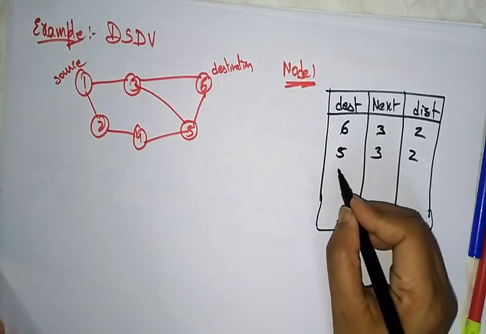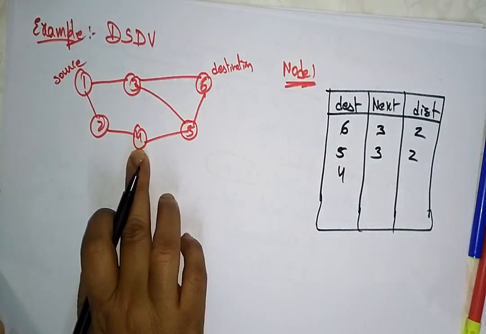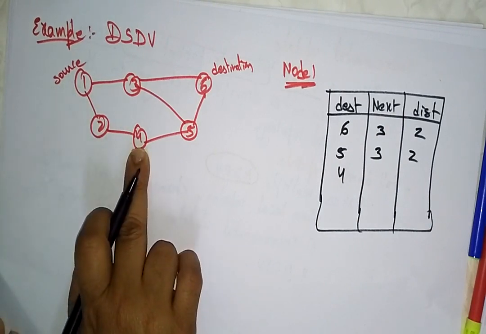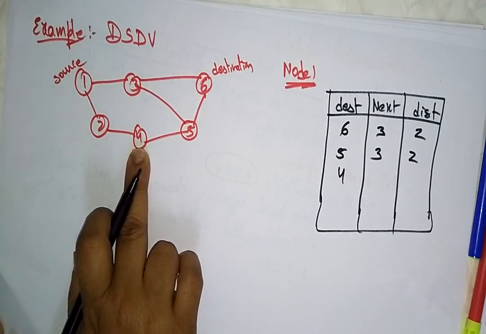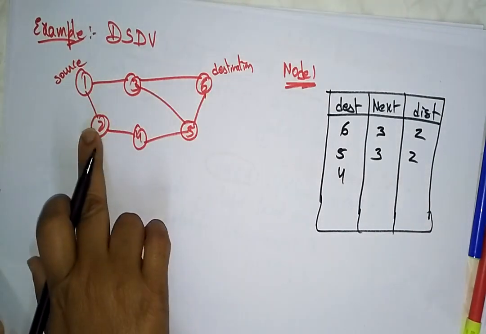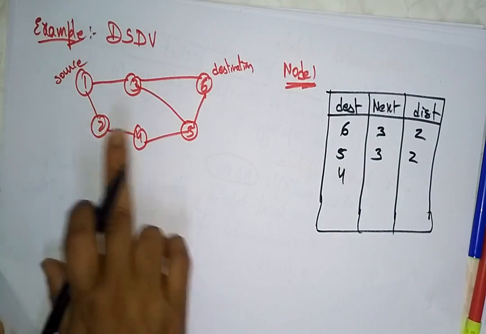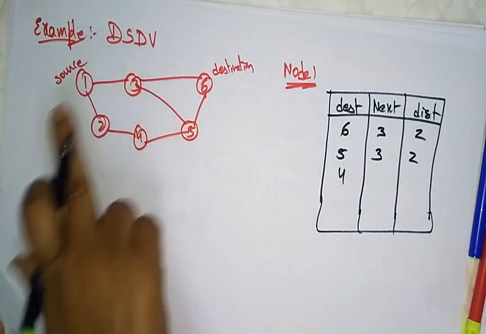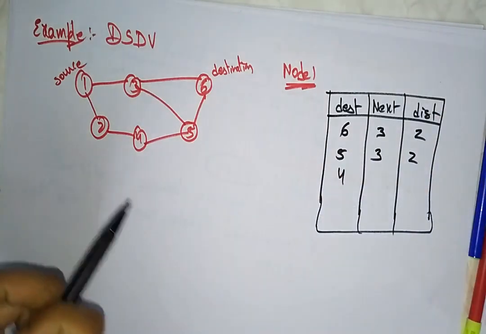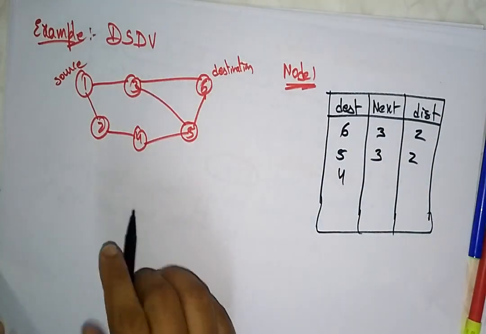If the destination is 4, the source has to reach the intermediate nodes one after another. In this routing table, it checks which path is the best path, and in that way it will go.